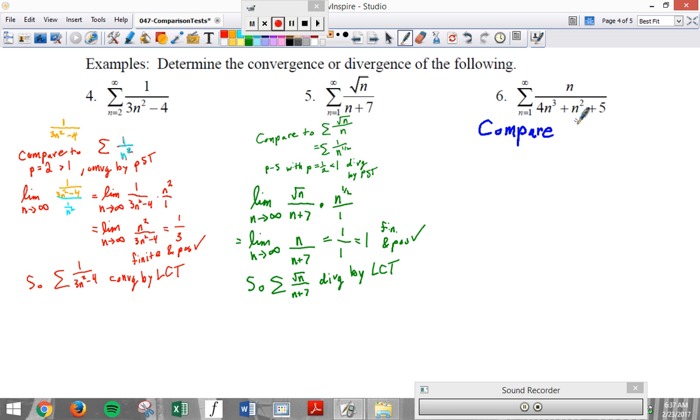All right, who do I want to compare this guy to? What's the highest power on the top? If you said n, you are correct. What's the highest power on the bottom? If you said n cubed, you are also correct. What type of series is this?